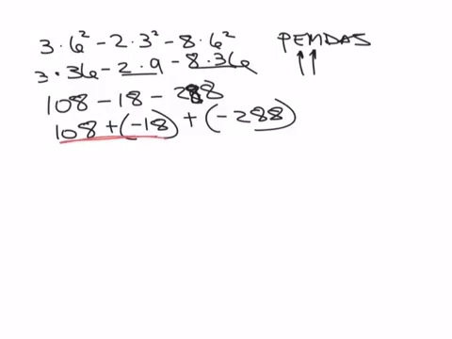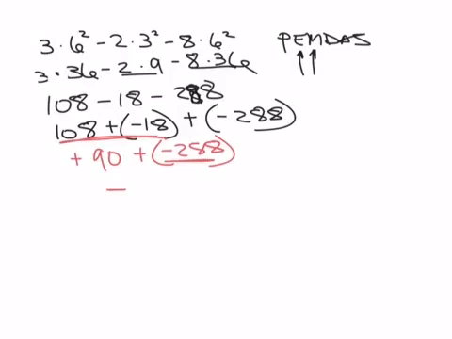So, sign is on the positive, 108 and -18. Their signs are different. So I take the difference between the two, and I have that. Okay. Again, sign is on the largest one, is negative. So my answer is negative.